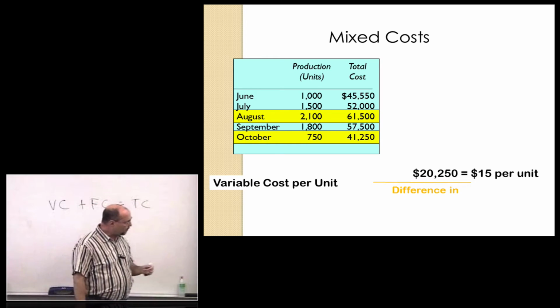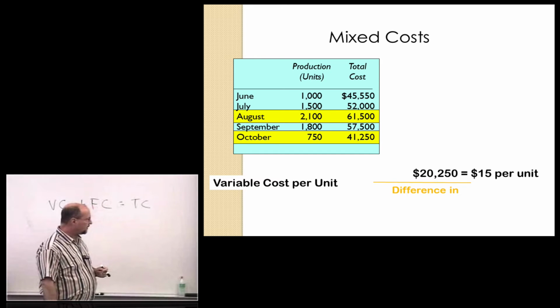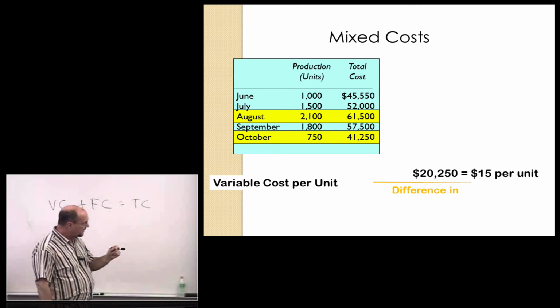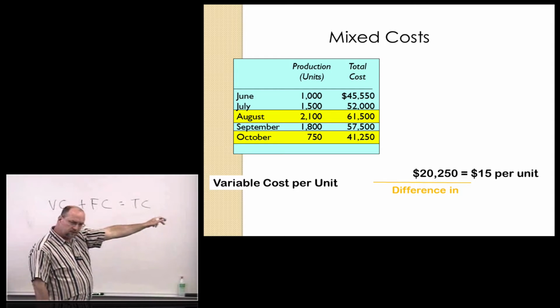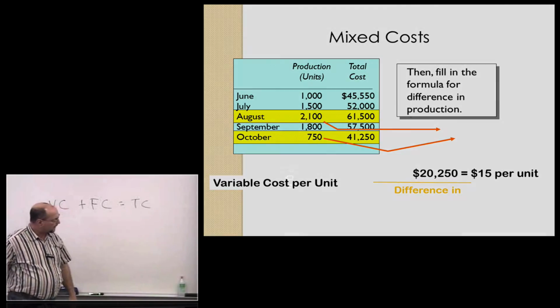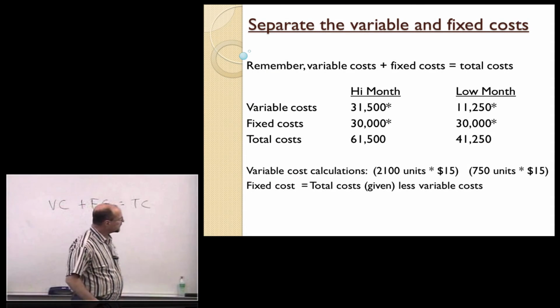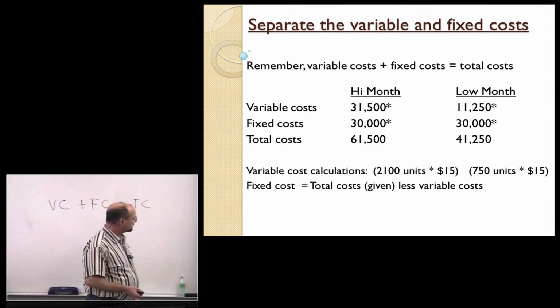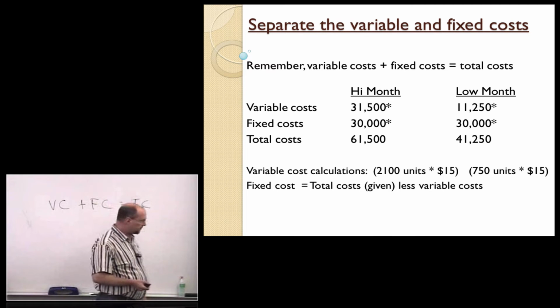So we can now rely on this $15 per unit variable cost, and we're going to be able to separate the 61,500 into its variable component and its fixed component. In the high month, we produced 2,100 units.